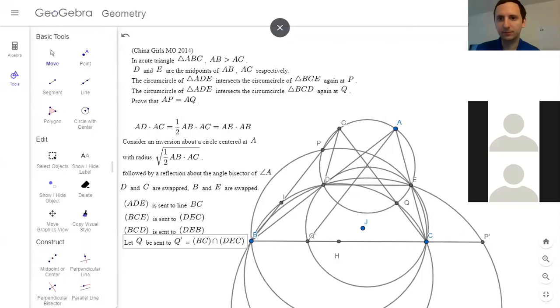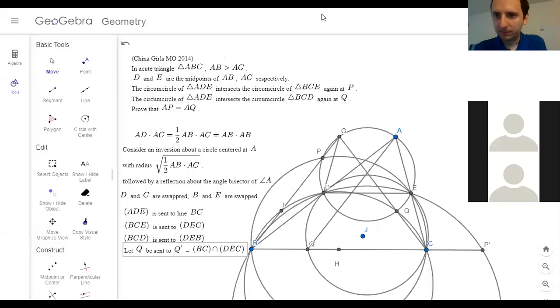All right. And then, okay, so Feng says we claim angle ABQ prime equals EQ prime C. You know, it's kind of easy.